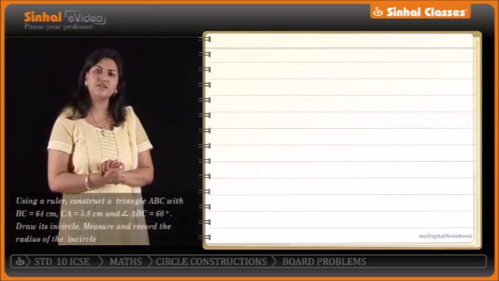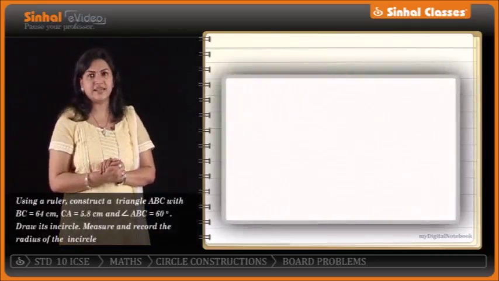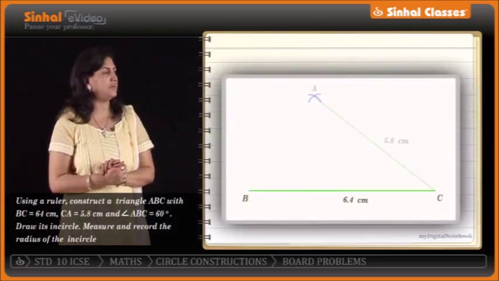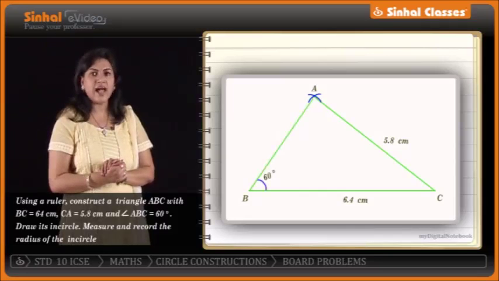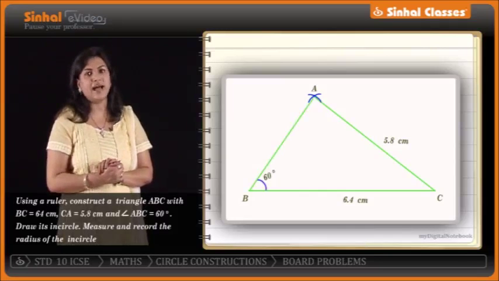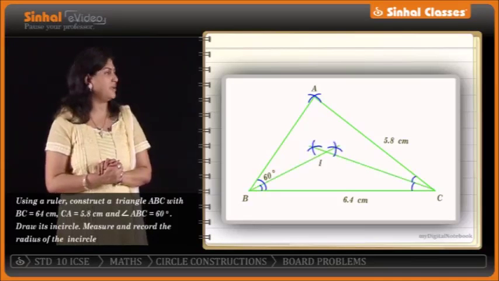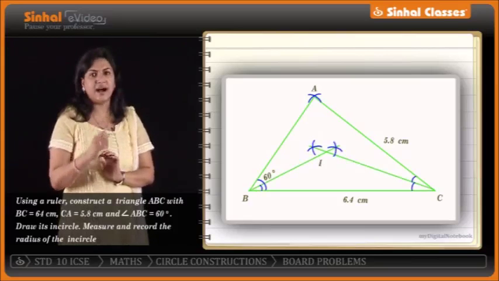Now in this, first we will draw the required triangle, that is BC as 6.4 cm, CA 5.8 cm and angle ABC as 60 degrees. Now draw the angular bisector of angle B and angle C. Let them meet at the point I, with I as center and radius ID.